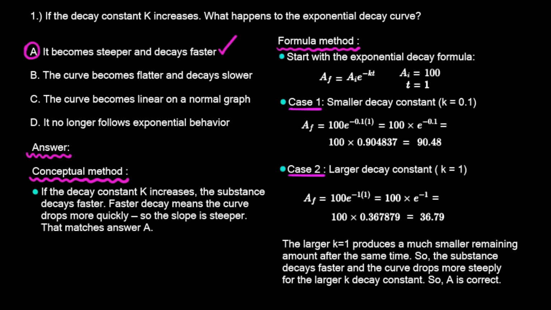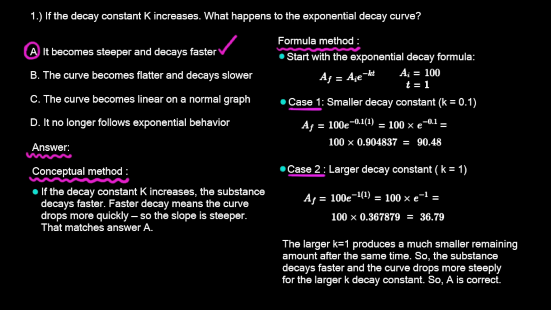And in case number 2, the larger decay constant of k is equal to 1. When we input all the values into the formula, we get A_f is equal to 100 times e to the power of negative 1 times 1. This gives a final amount of 37 grams. So with a large decay constant of 1, the substance decreases from 100 grams to 37 grams in the same amount of time.